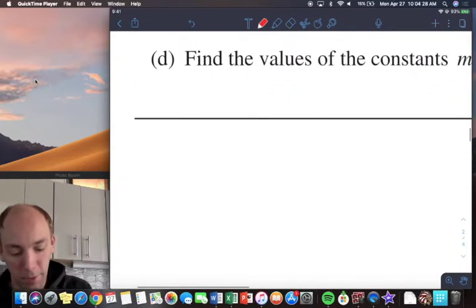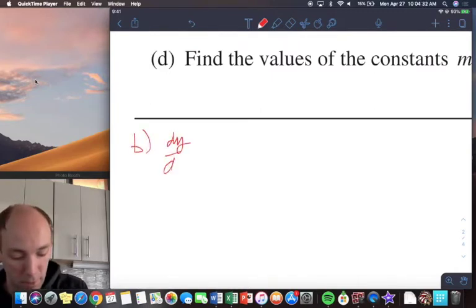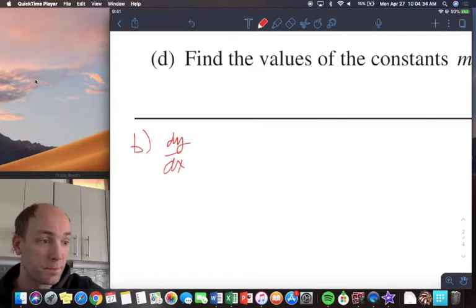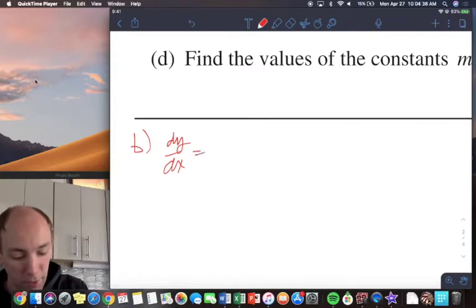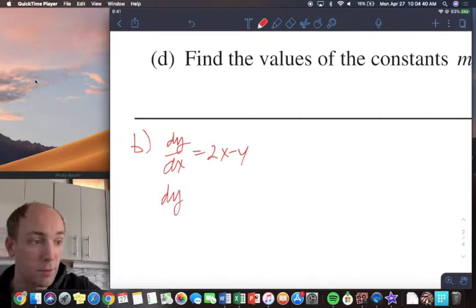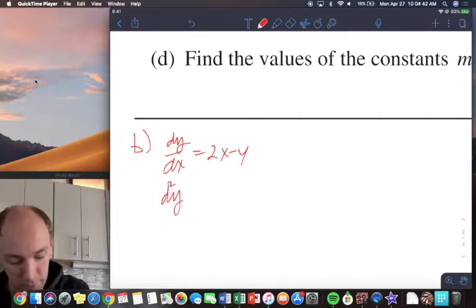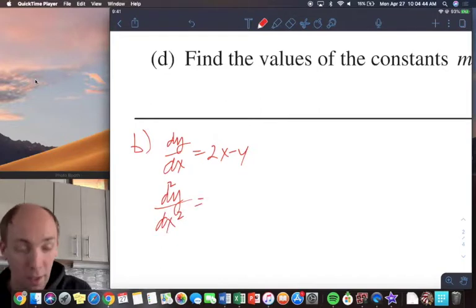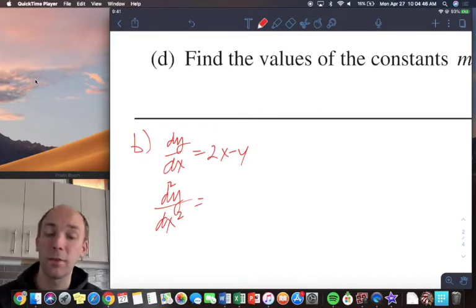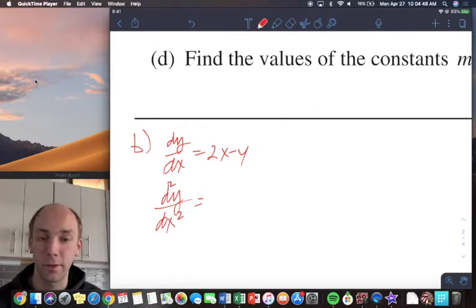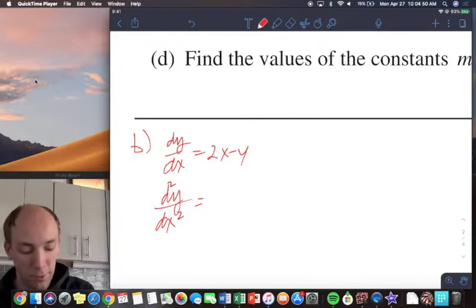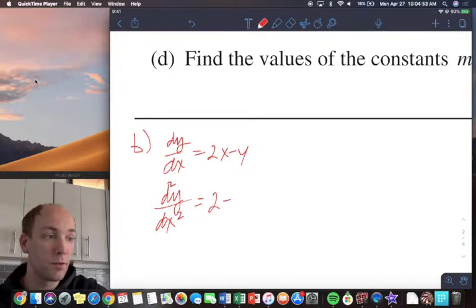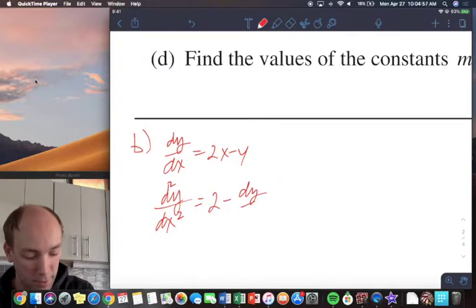So for part B, find the second derivative. So dy/dx equals 2x minus y. So when I take the second derivative, we're taking the derivative with respect to x. Okay, so the derivative of 2x would just be 2. The derivative of y with respect to x would be dy/dx.